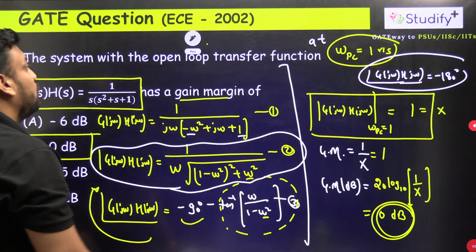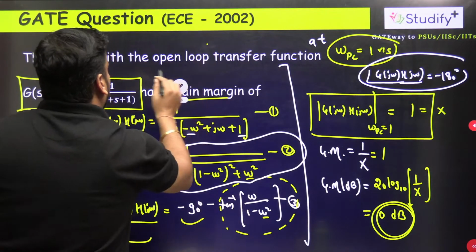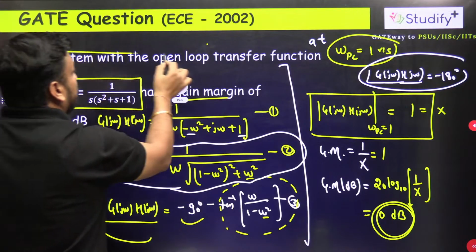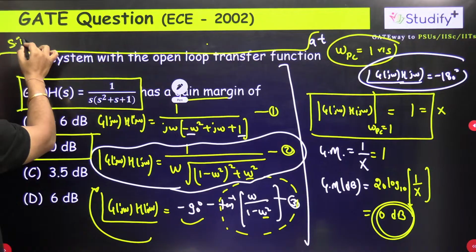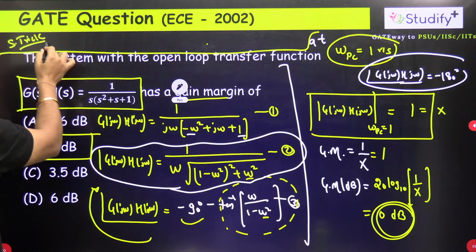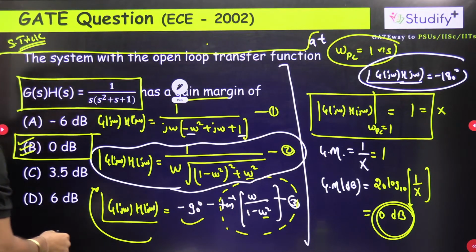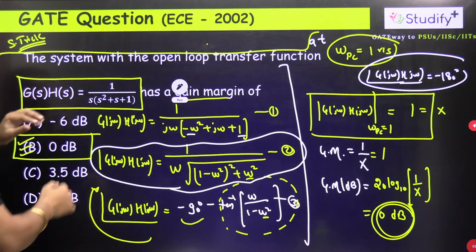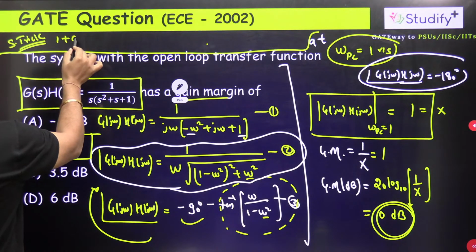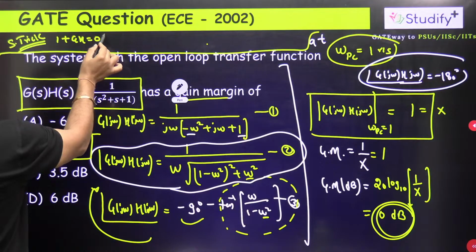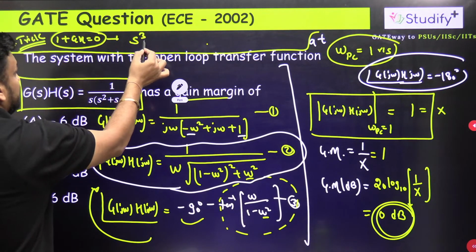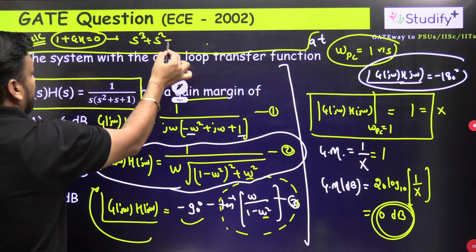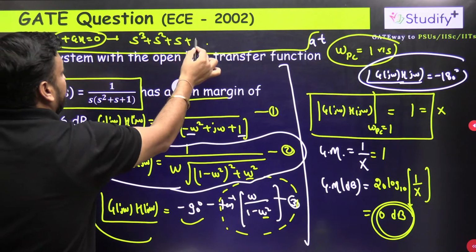Now we will talk about the short trick approach also. This was all about the conventional approach. What does the short trick say? If I apply the characteristic equation 1 plus GH equal to 0, the characteristic equation gives me s cube plus s square plus s plus 1 equal to 0.